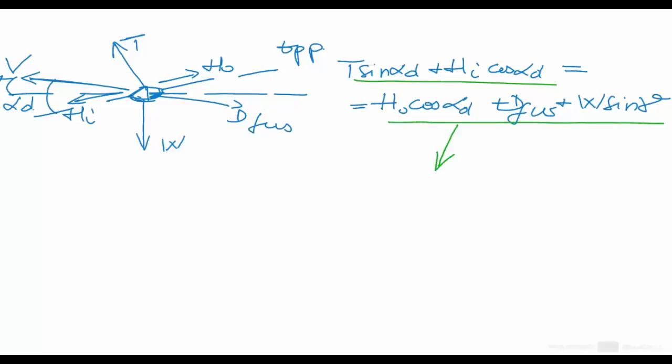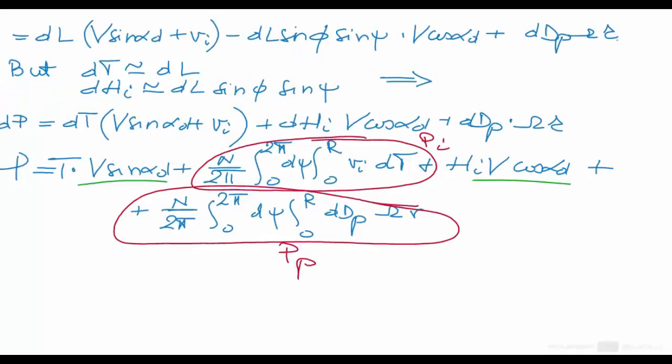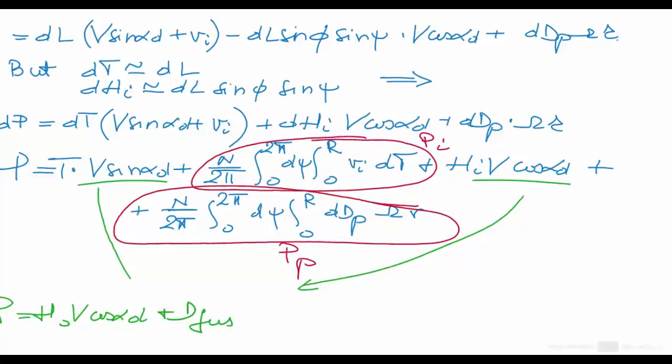Substituting this term into the previous slide, we get that the power equals H0 V cosine of alpha disk plus the drag of the fuselage multiplied by V plus weight, velocity, sine of gamma, plus induced power plus profile power.